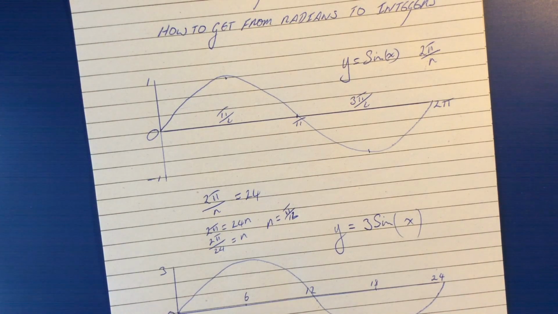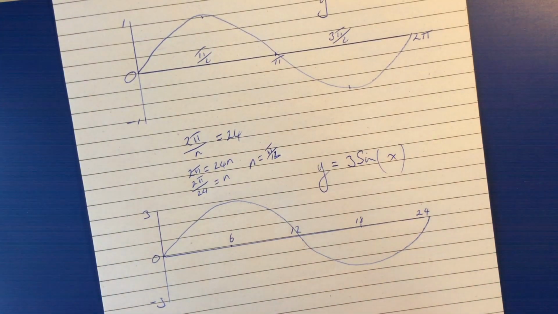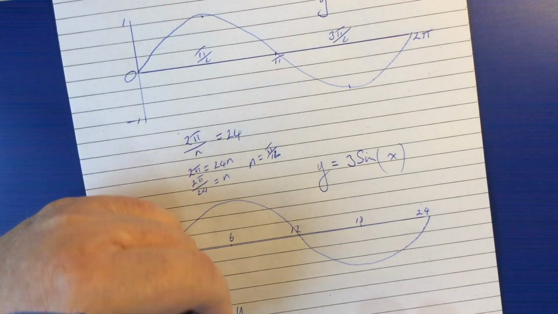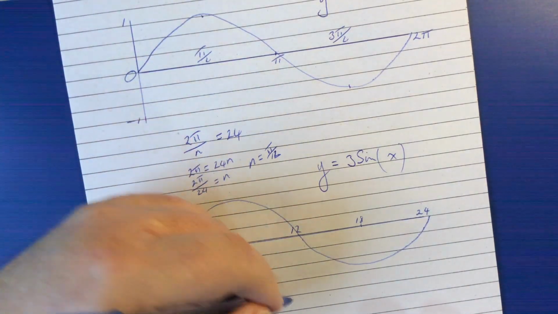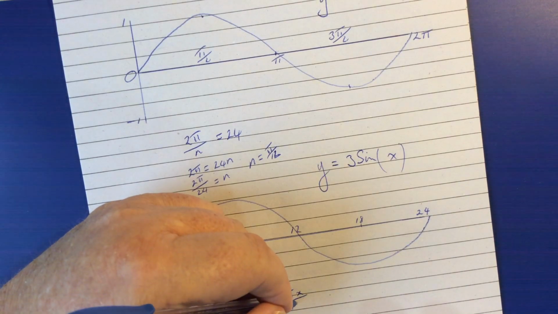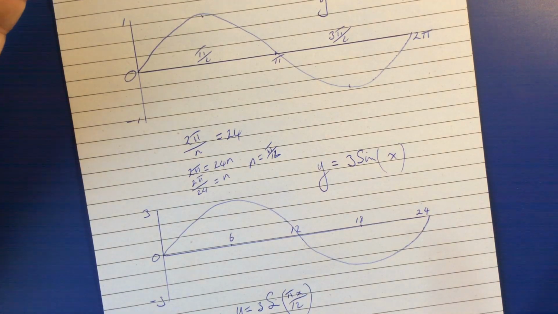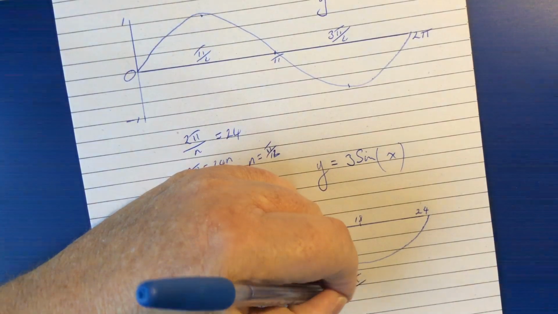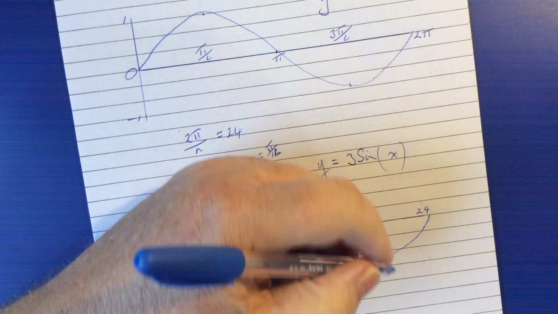So what we're going to do now is try that out. So if we rewrite this as y equals 3 sine pi on 12 x, what is the effect of that? What is the period of this? Well, the period is 2 pi on n, so we are really just reverse engineering this, but we'll go through the motions.